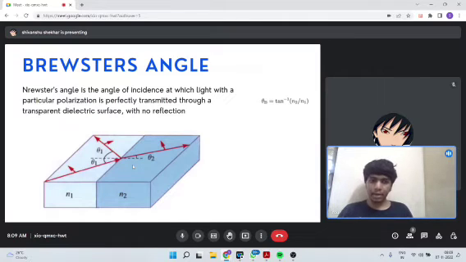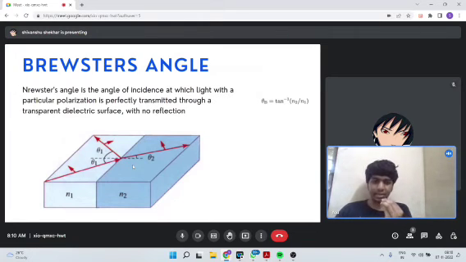But what we want to achieve through Brewster's angle is an angle of incidence at which light of a particular polarization is perfectly transmitted through, with no light coming out in different directions from the surface. As you can see, when the light goes through, there is just one direction of light coming through, with no other transmission in other directions. That is what we call perfectly transmitted light through a transparent dielectric surface.